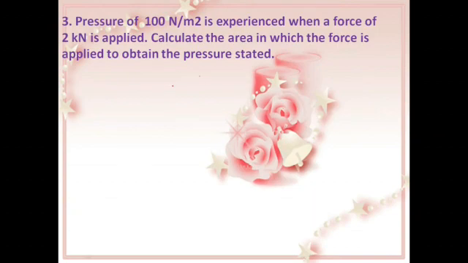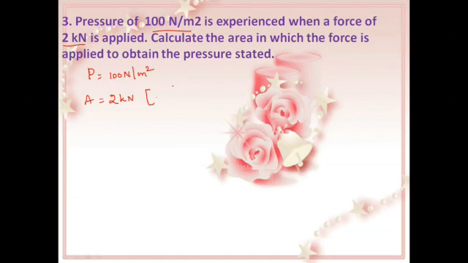Pressure of 100 Newton per meter square is experienced when a force of 2 kilonewton is applied. Calculate the area in which the force is applied to obtain the pressure stated. The pressure is given here as 100 Newton per meter square and force is 2 kilonewton.